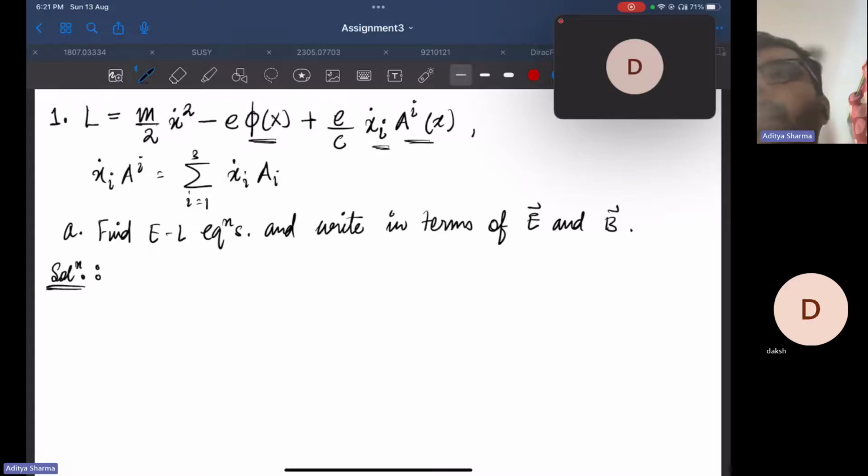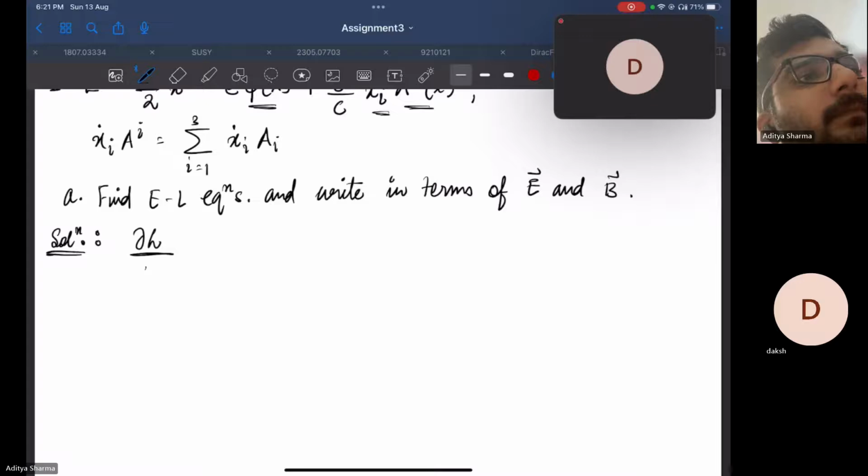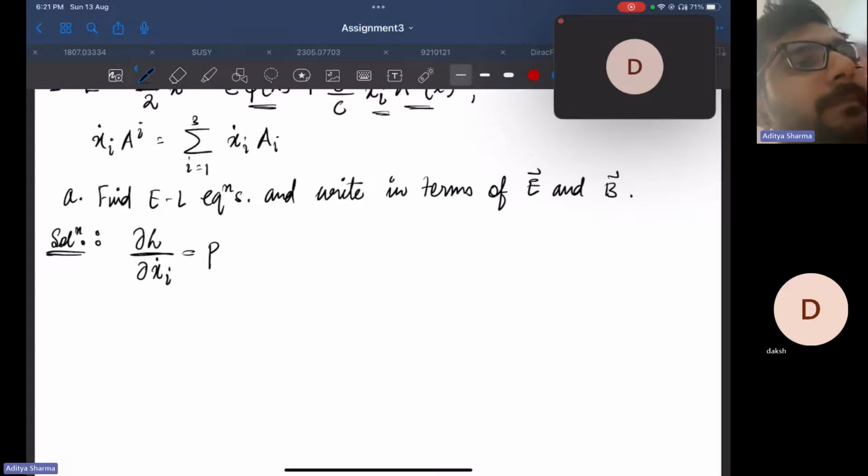Okay, let me do along with you. First is dou L by dou x dot i, which is equal to P_i.